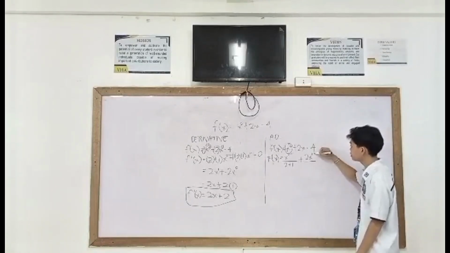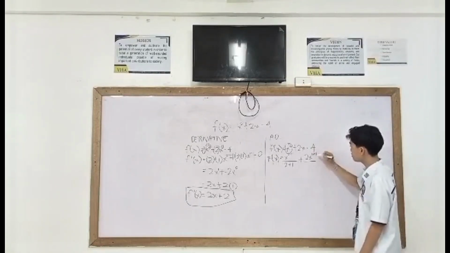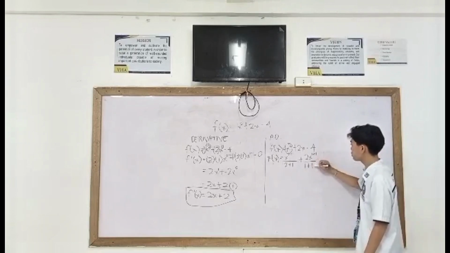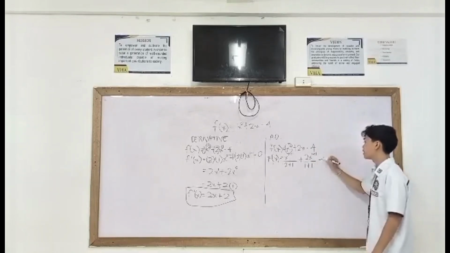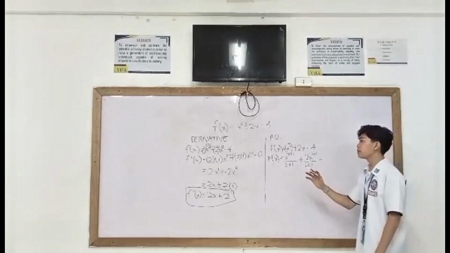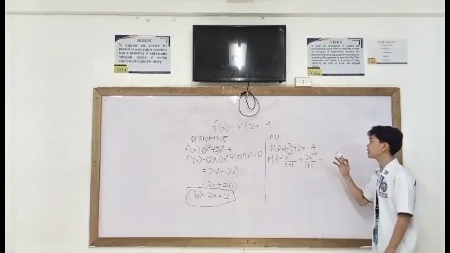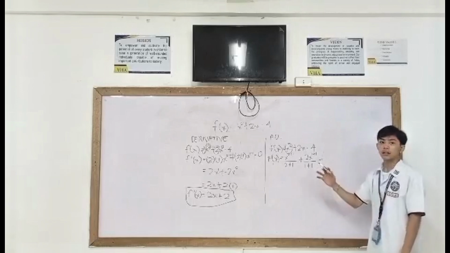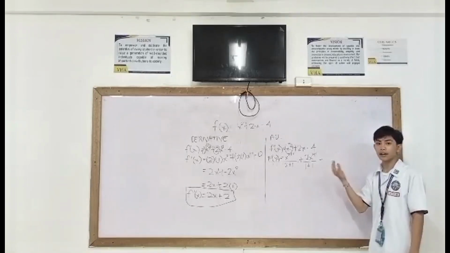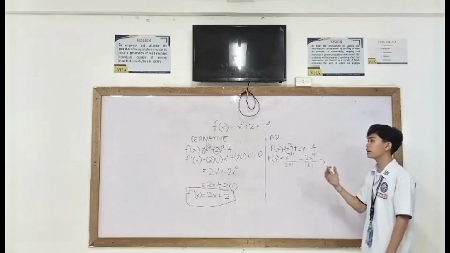Then we add 1 to it, 1 plus 1. Minus. In the derivative, the constant will always be equal to 0. Here in the antiderivative, for the constant we just have to multiply an x to it.